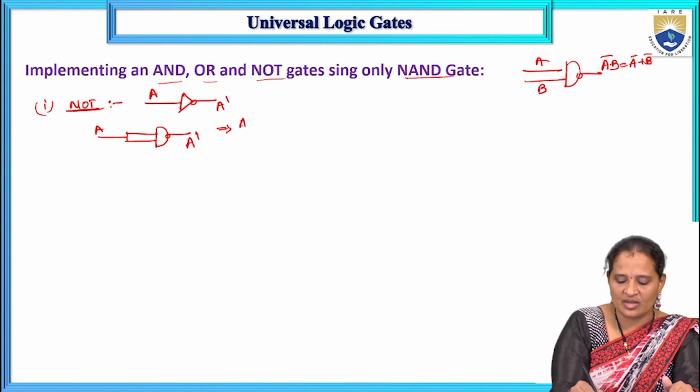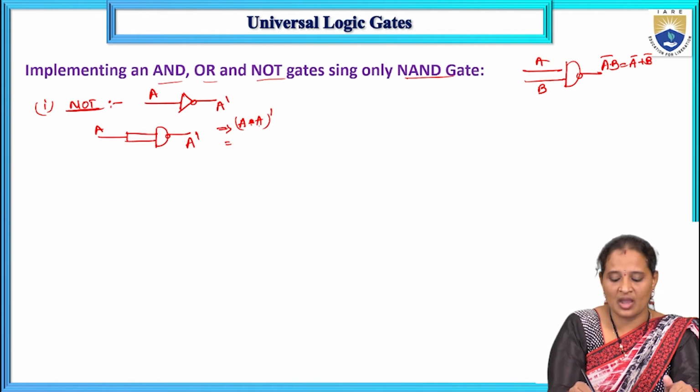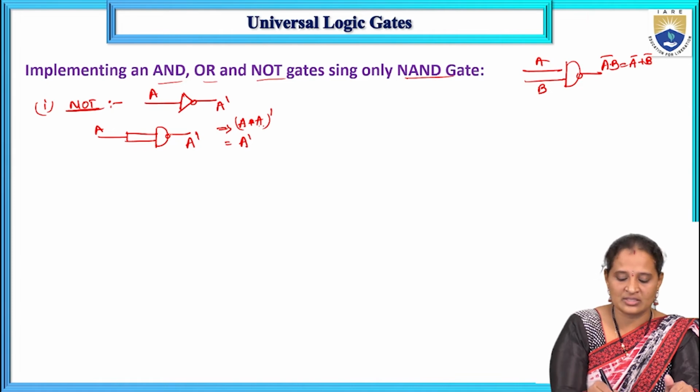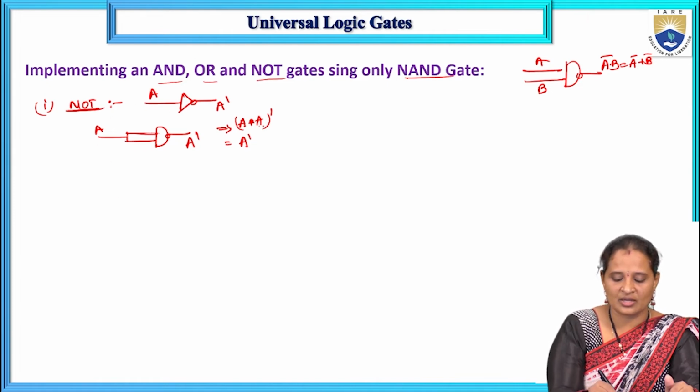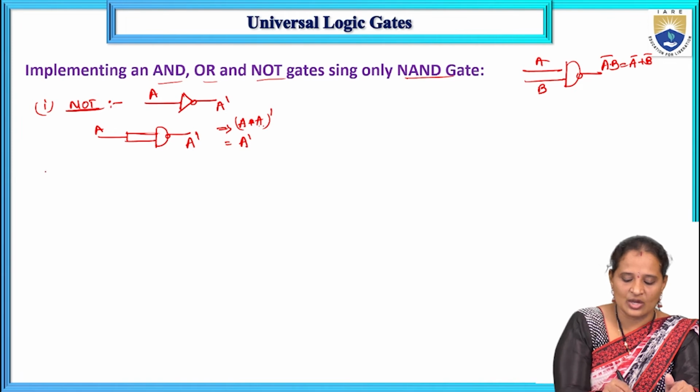Because both inputs are A, the output is A dot A whole bar. According to Boolean algebra, A dot A is equal to A, so the output is A complement. That means I can convert a NAND gate into an inverter simply by connecting both the inputs of the NAND gate together to the input which is to be complemented. So this is the NOT gate implementation using a NAND gate.